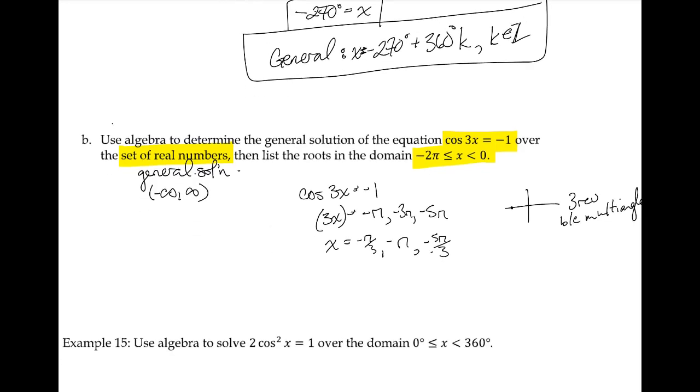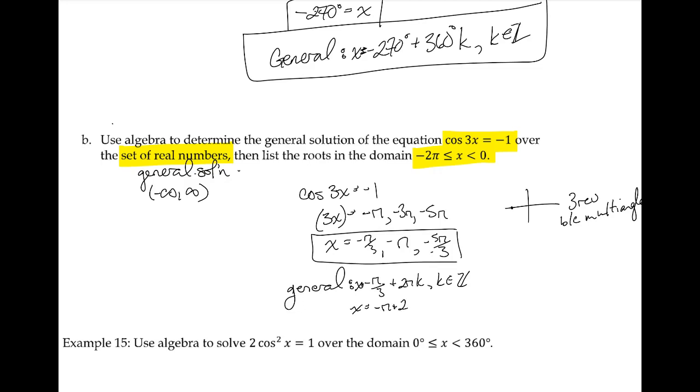Once I have those, when I go to write general solutions, so this would be my roots in the specific domain. My generals would be x equals negative pi over 3 plus 2 pi k, where k is an element of the integers. x equals negative pi plus 2 pi k, where k is an element of the integers.